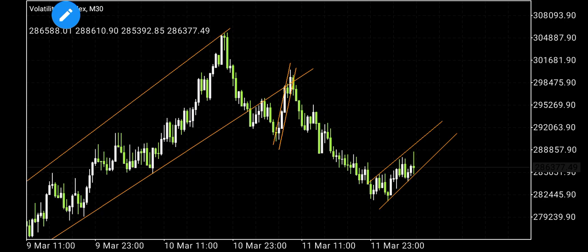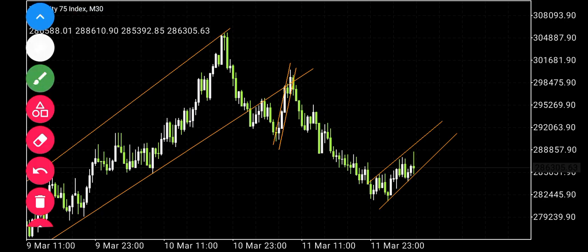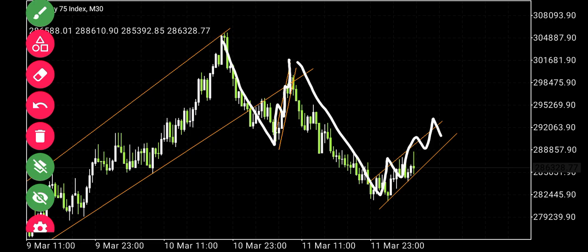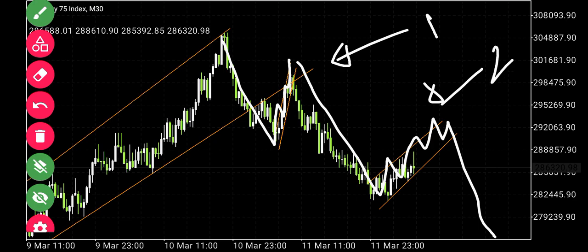So you see, we had the first flag here after the impulsive move to the downside, then we had this flag. That means this price is a continuation. Then again here we're having the second flag. So we missed the first entry, then the second one will be here.